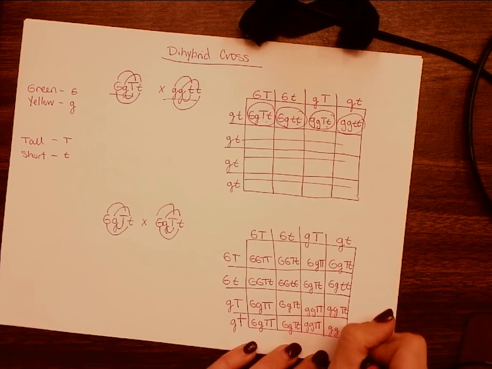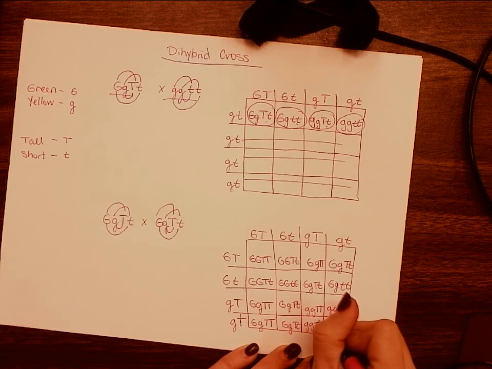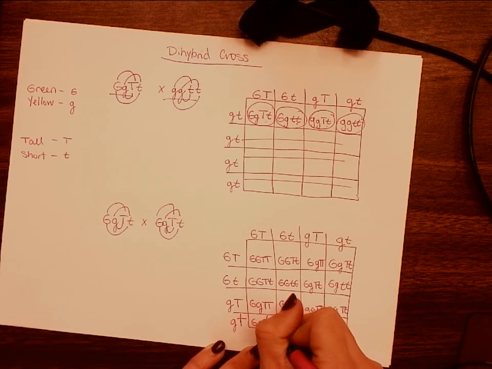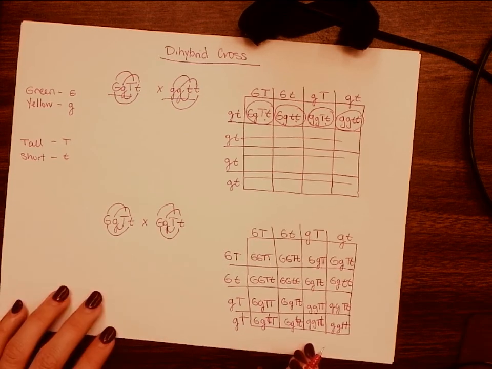That should be a little t, so that means this one's a little t, these two are little t's. Okay, got the problem.